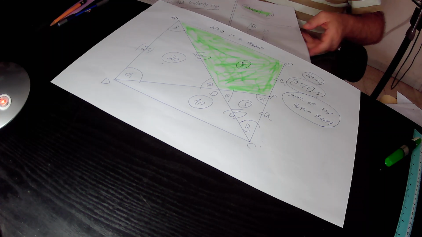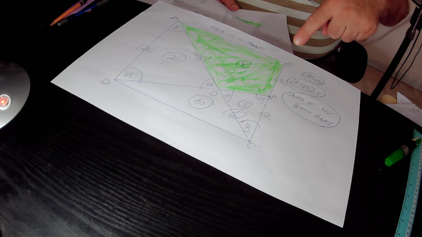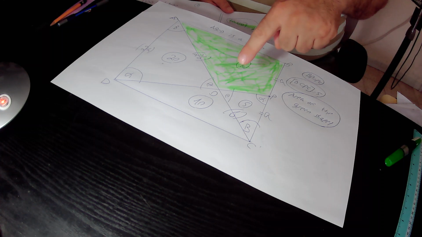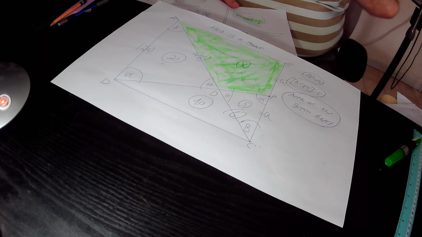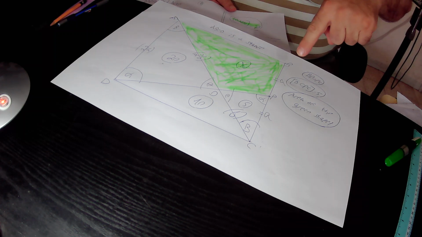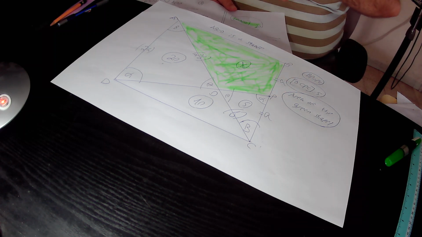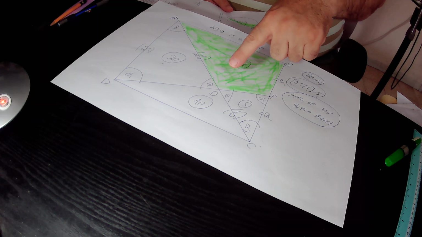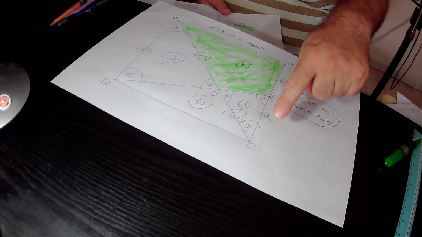Okay, because of the fact that triangle ADO is similar to triangle POC, the following relationship exists between their sides. Side AD of triangle ADO over side PC of triangle POC is equal to side AO of triangle AOD over side OC of triangle COP.